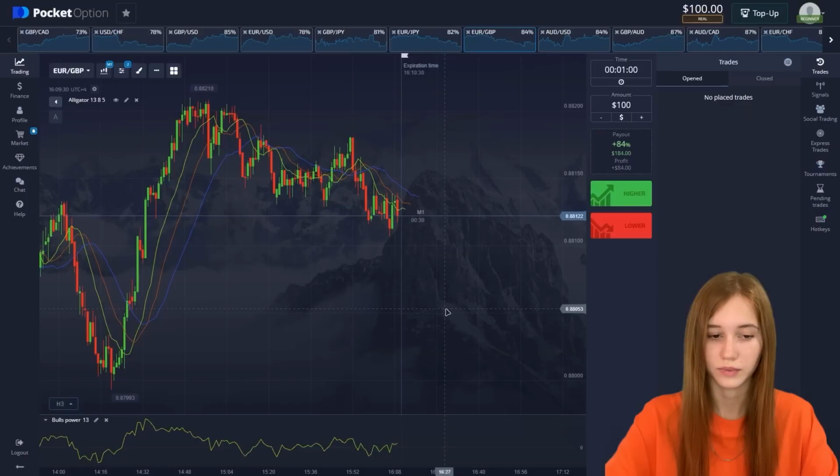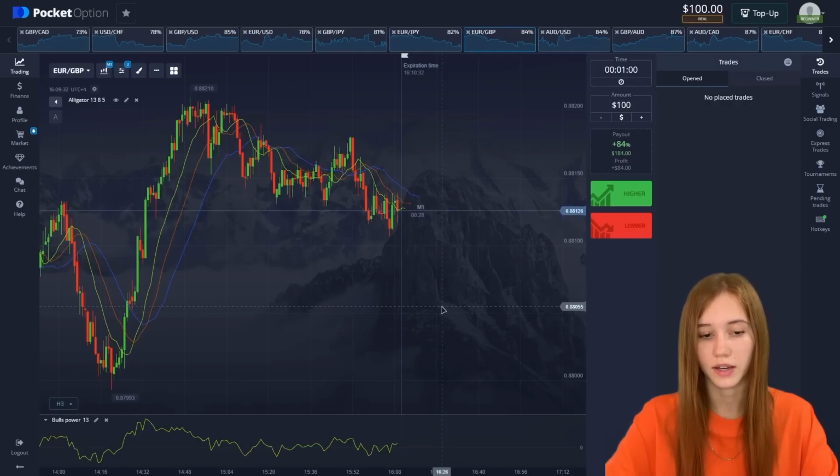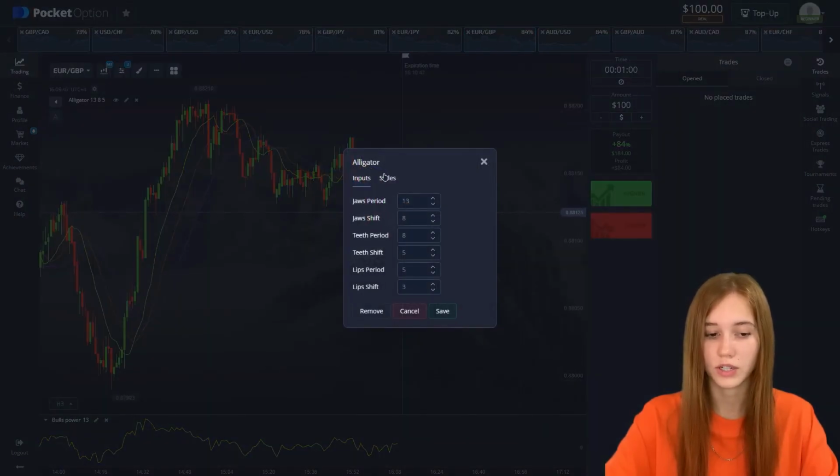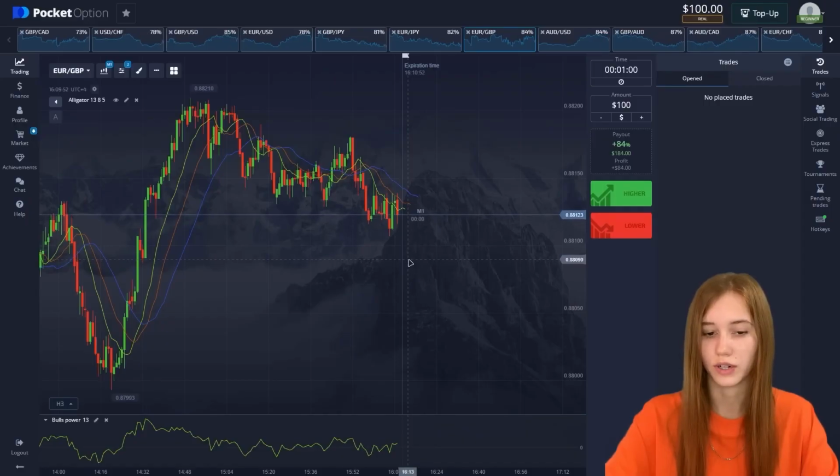So you can copy. If you see that the moving average is directed downward and the blue line is on the top, for example, like this, then a downward trend has formed. If it's the green line, or the lips of an alligator, and the moving average is directed upwards, then you have a bullish trend.